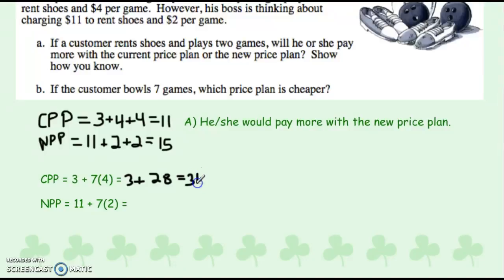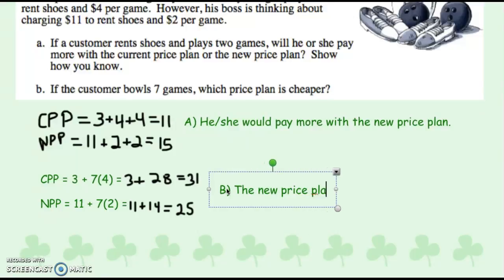Then for the new price plan, I pay $11 for shoes, plus 7 games at $2, so that would be $14. And 11 plus 14 would give me 25. So in this instance, the cheaper price plan would be the new price plan.